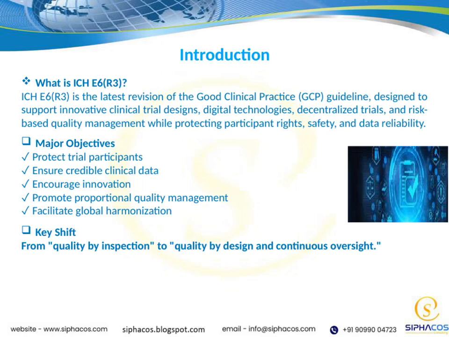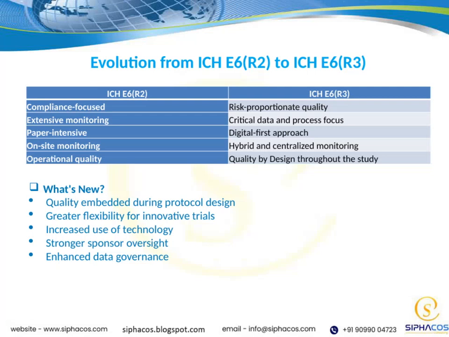The main goals: protect participants, ensure trustworthy data, encourage innovation, apply quality management proportionally, and promote global consistency. The big shift here moves us from checking quality after the fact to building it in from the start with ongoing oversight.